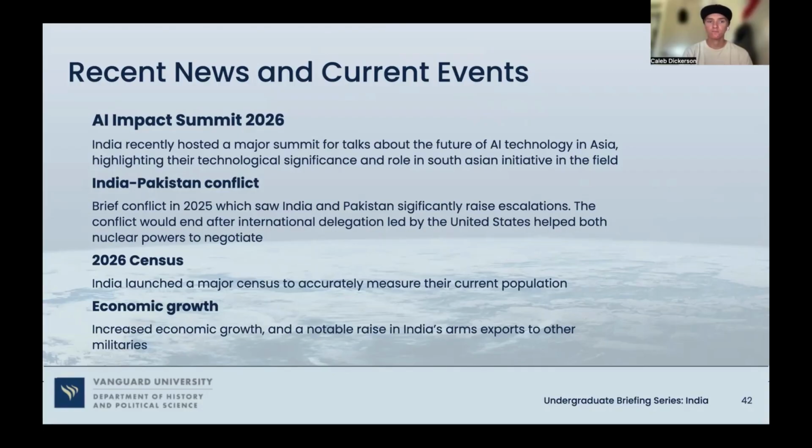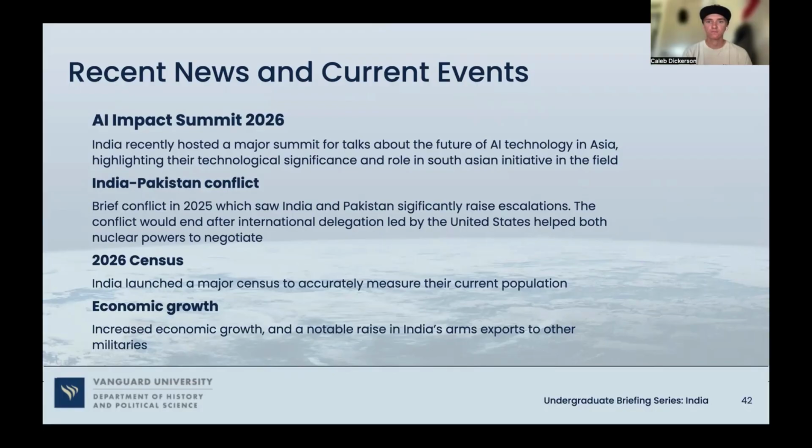Another big thing we could talk a lot about is the brief India-Pakistan conflict from last year. If you know about India's history, India and Pakistan have fought each other on multiple occasions, some full-scale wars and some small conflicts. This last year was one of those smaller scale conflicts, which saw both nations significantly raise escalations.